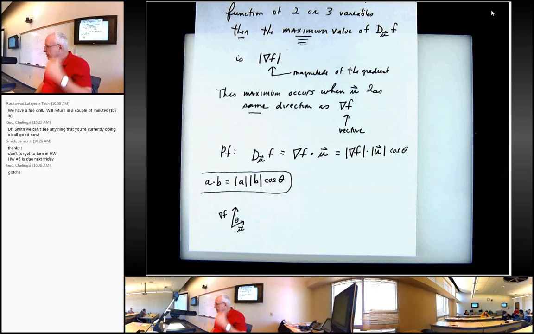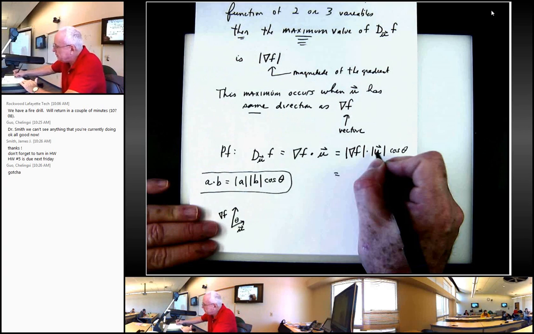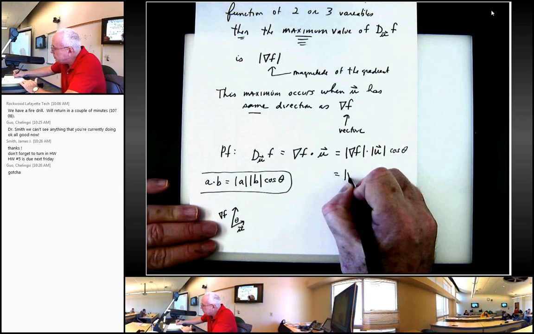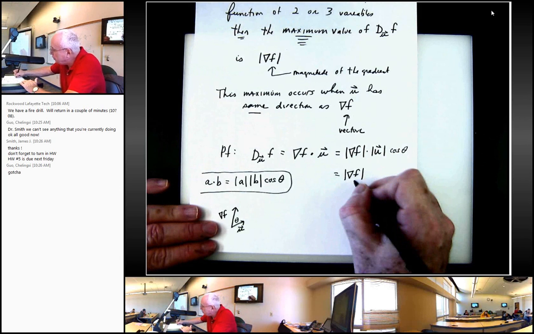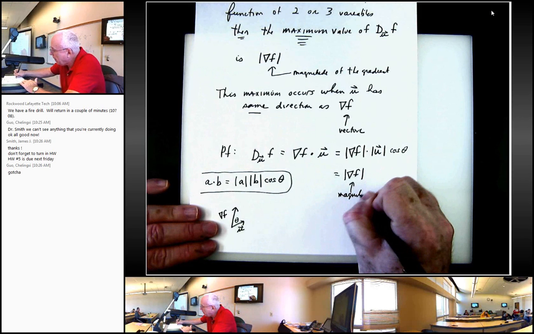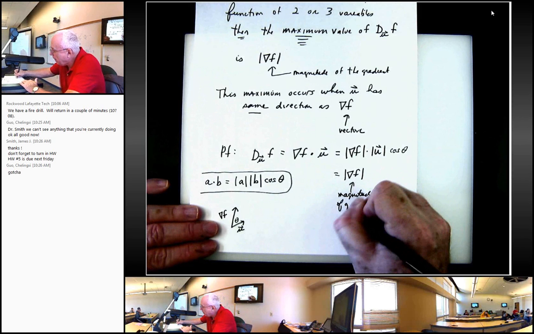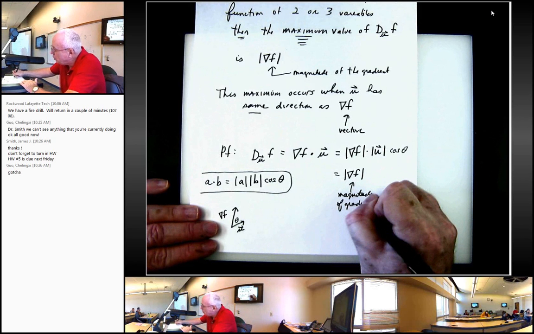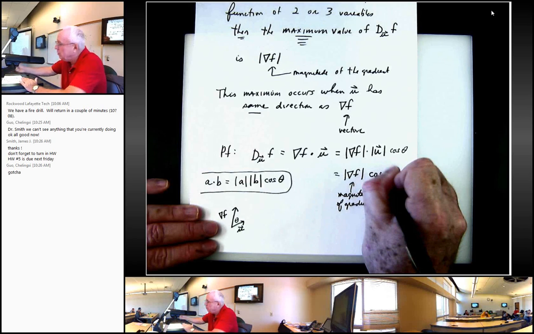Okay, this is the value of the directional derivative. Well, we know that this is 1, so this is going to be the magnitude of the gradient times the cosine of the angle between them.